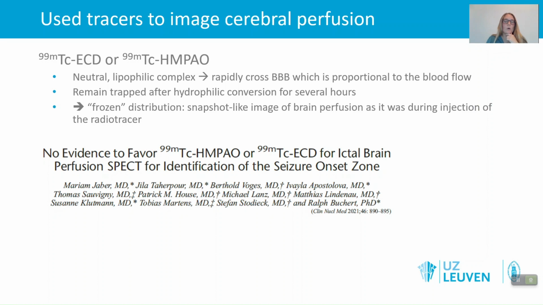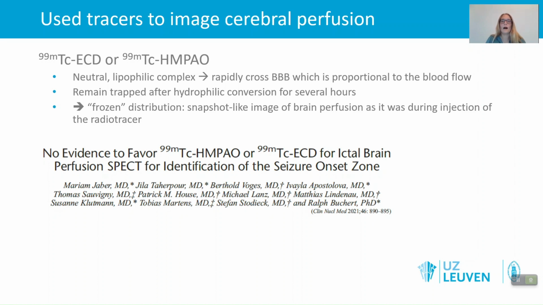To image brain perfusion, several tracers can be used. And the most common one, or the most known one for ictal SPECT, are both 99m technetium labeled, either ECD or HMPAO. Both of them are neutral lipophilic complexes, which can rapidly cross the blood-brain barrier in a way that is proportional to the cerebral blood flow.